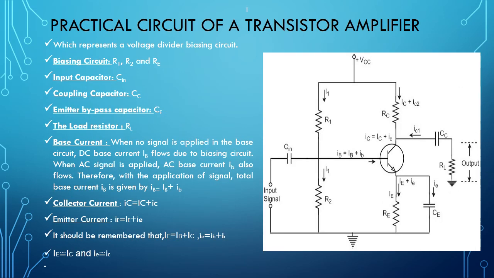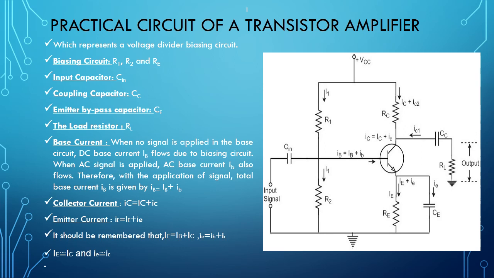This figure represents the practical circuit of a transistor amplifier, and this is also called a voltage divider biasing circuit. In this circuit, the biasing circuit is the R1, R2 and RE resistances, which help in establishing a proper operating point.